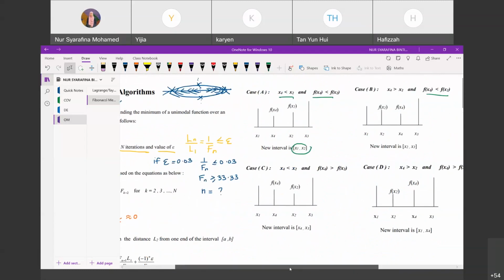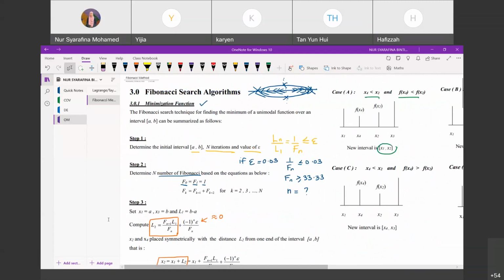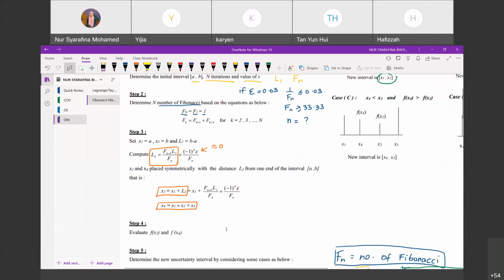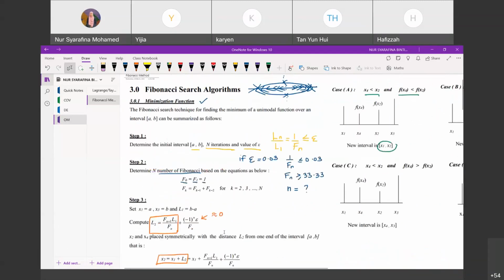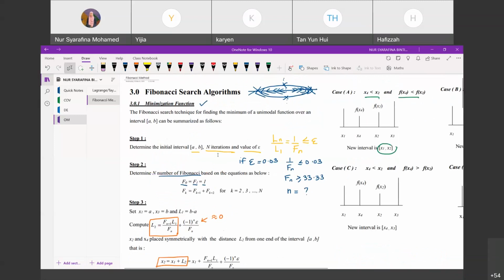If we didn't know the iteration, we need to solve until, yes, by cases. You should know the iteration, because for Fibonacci, the iteration number is defined first by looking at the epsilon.